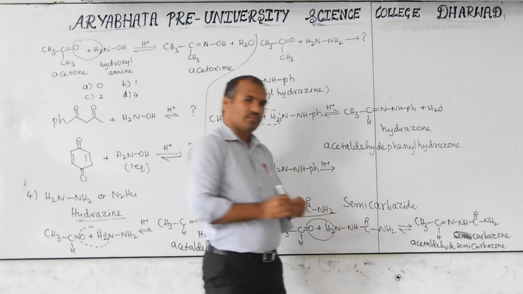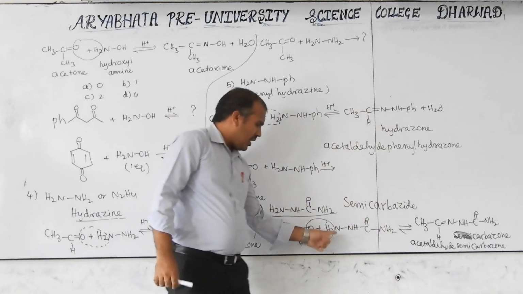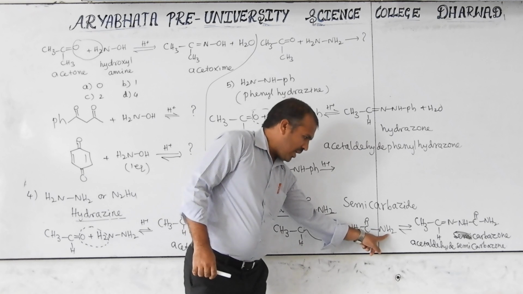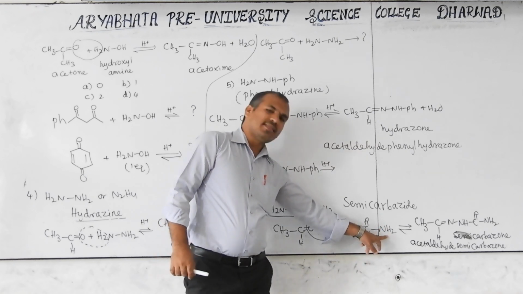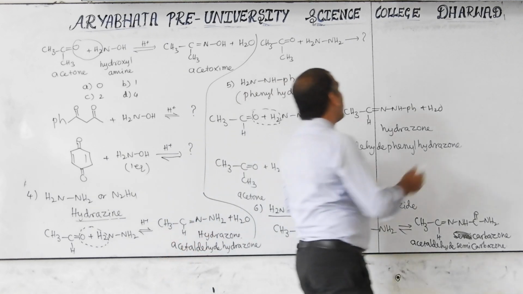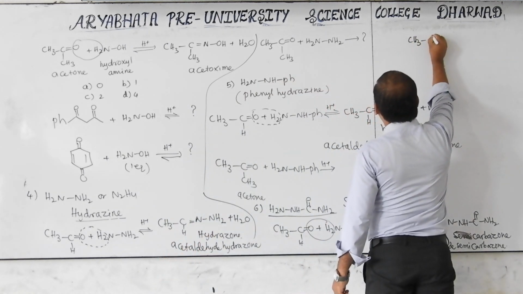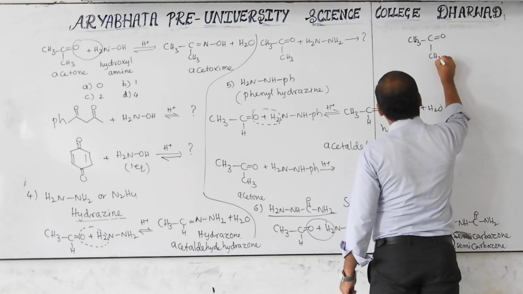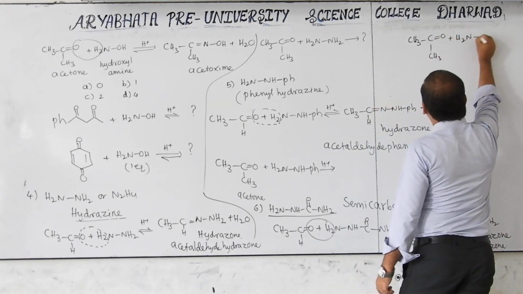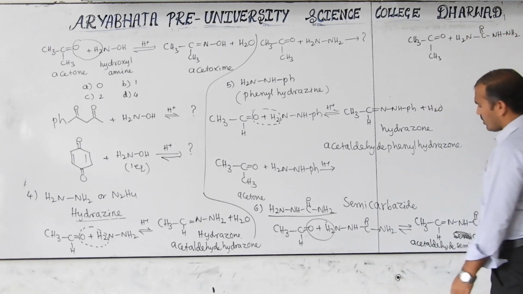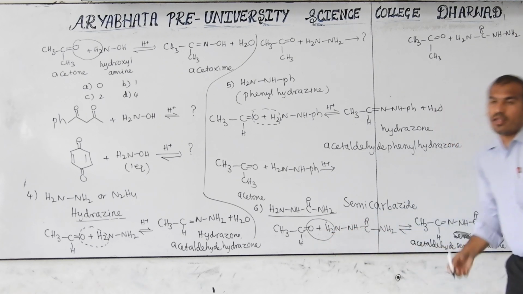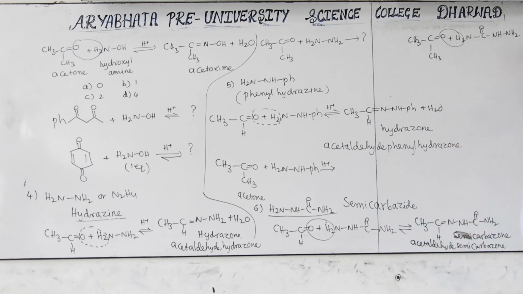Now the question here: here also NH2 is there, here also NH2 is there. Then why is the water molecule not lost from this side? You may ask like this. Now I am writing acetone. Is a reaction like this possible or not? It is like a reverse. Not possible, I am giving here.